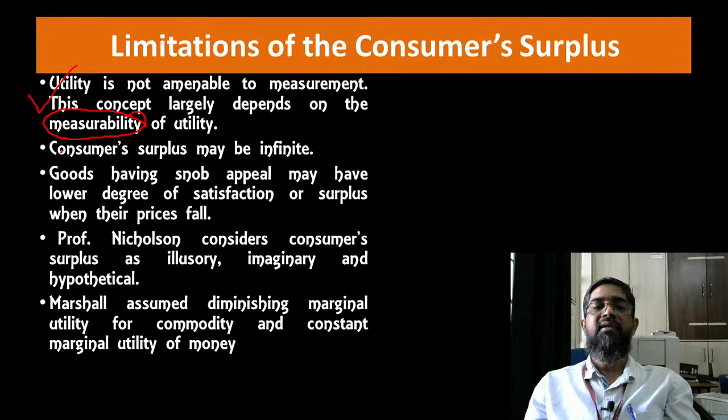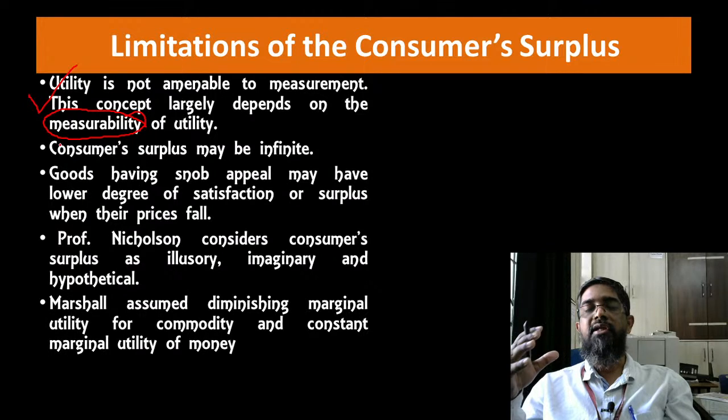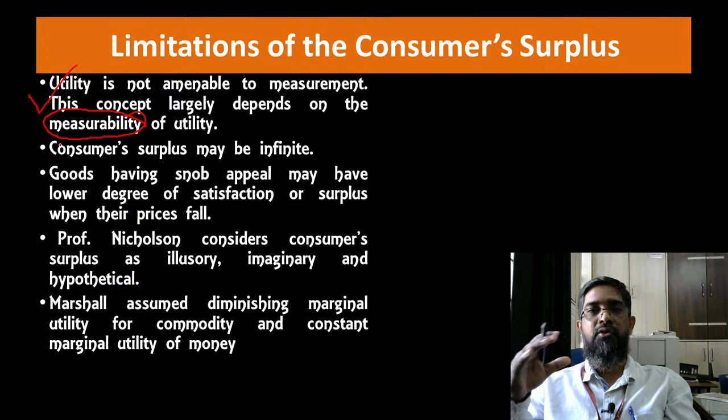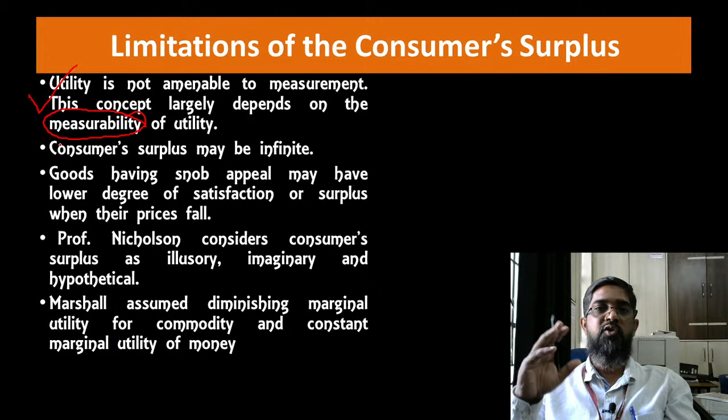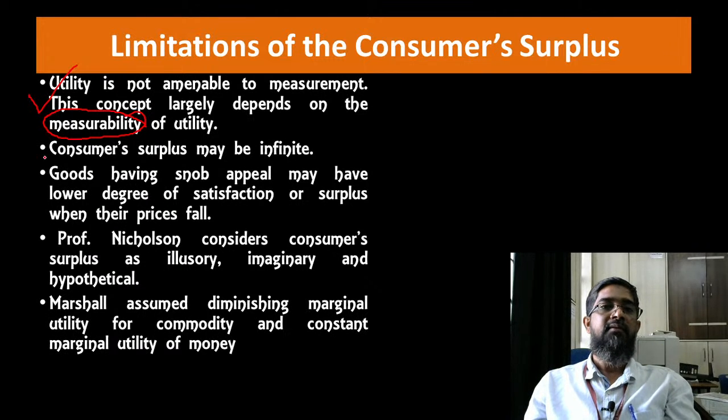We have assumed that we can measure consumer surplus and utility, but actually it is difficult to measure utility. If you are unable to measure utility, then consumer surplus is difficult to calculate. This is the first limitation. Then consumer surplus may be infinite.